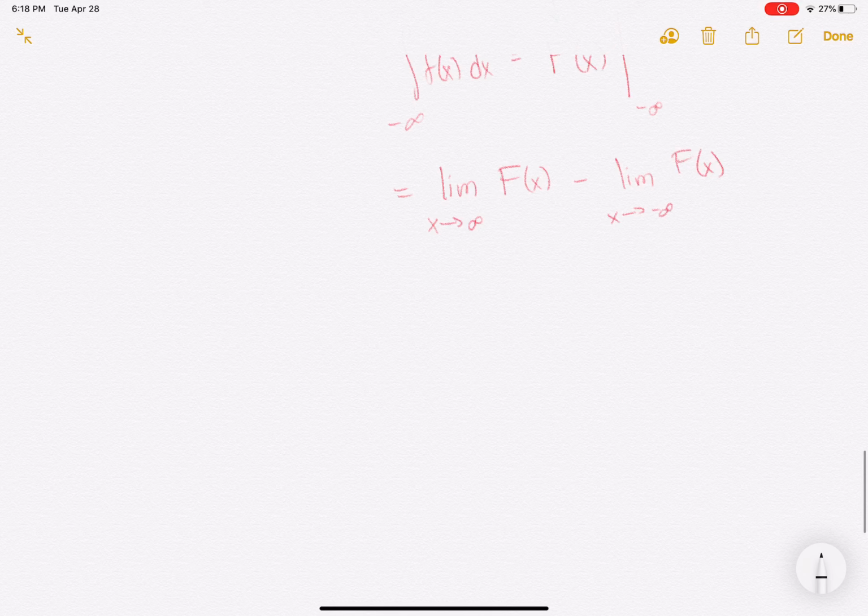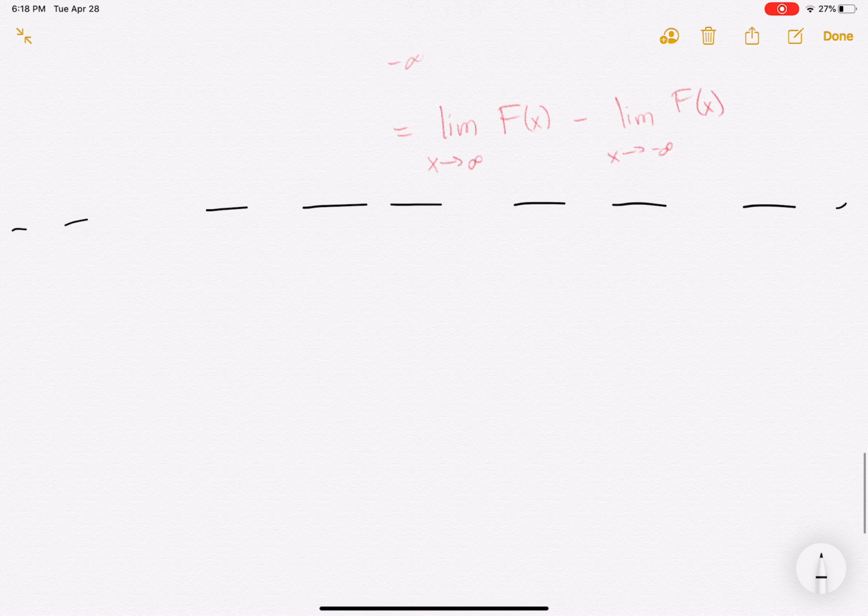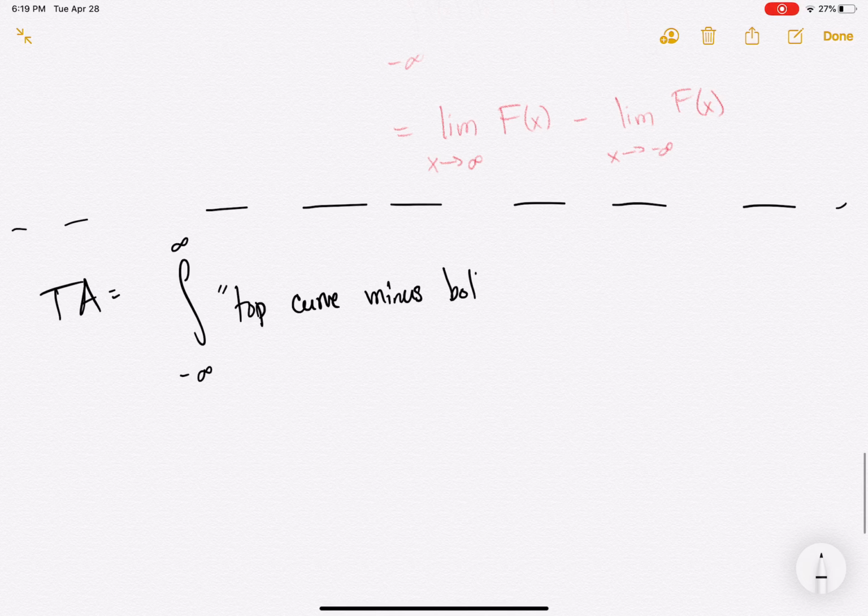As always, we want to determine total area here, which is now going to be equal to the integral from minus infinity to plus infinity of top curve minus bottom curve dx.